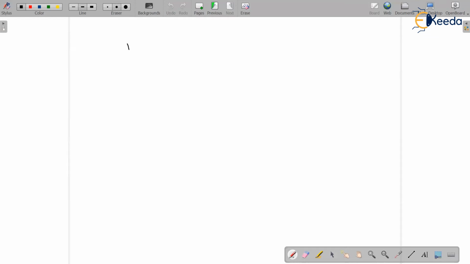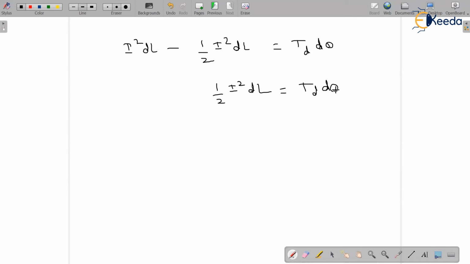So this gives rise to I square dL minus half I square dL is equal to Td d theta. Half I square dL is equal to Td d theta.